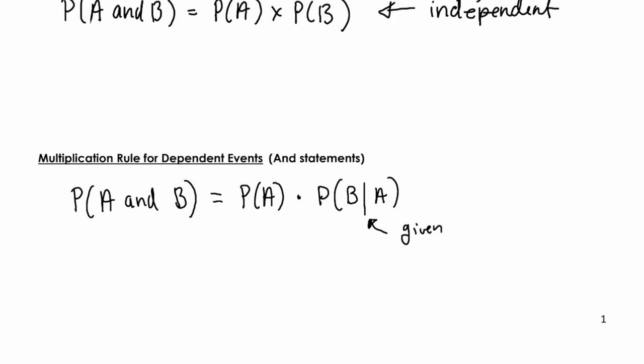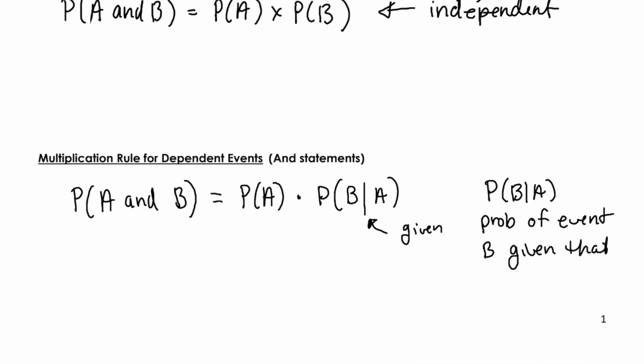So this little line here means given. This notation here means the probability of event B given that event A has occurred.